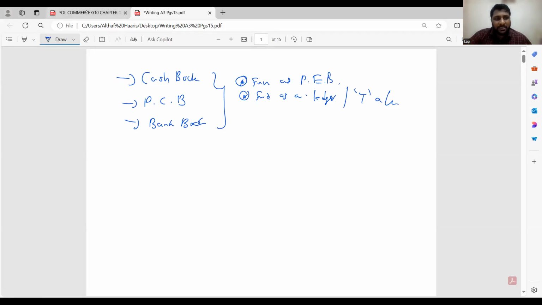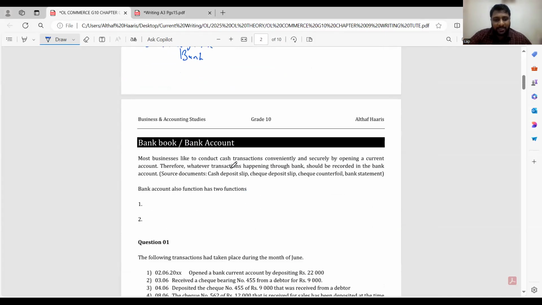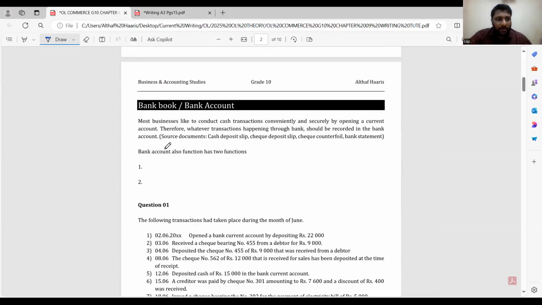So let's move to the note and write down the two functions. In the bank book we are recording all the transactions done through the bank. Simple as that. So one function is functioning as a prime entry book.